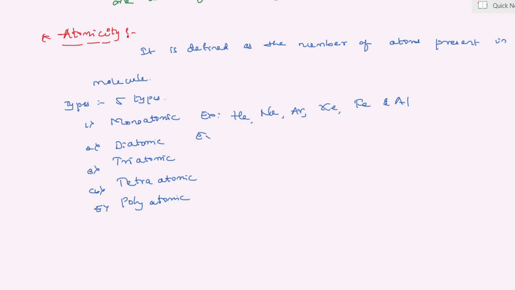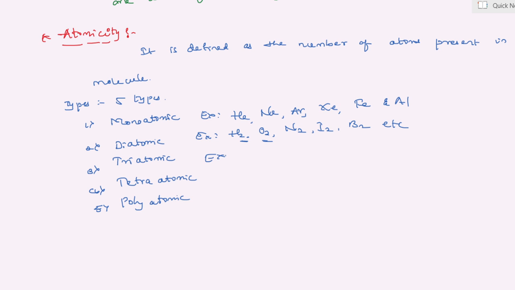And diatomic molecules are H2, O2, N2, I2, Br2, etc. Yes, it means they contain what? Two atoms. It means diatomic molecules.